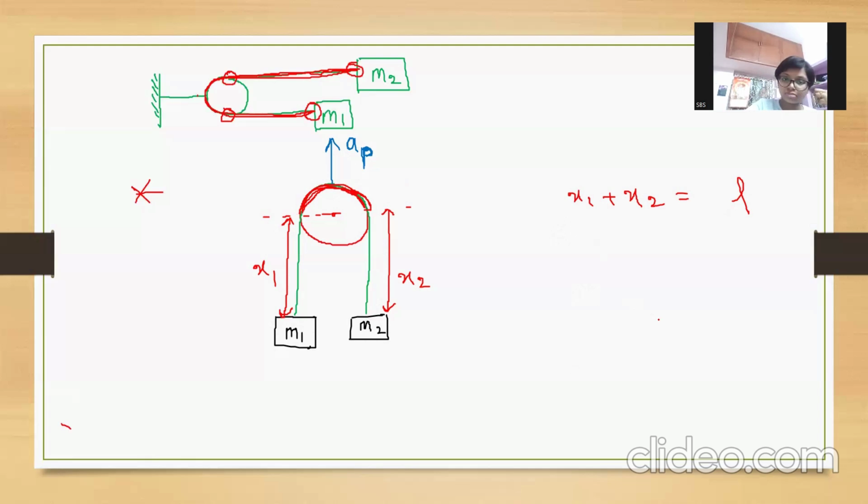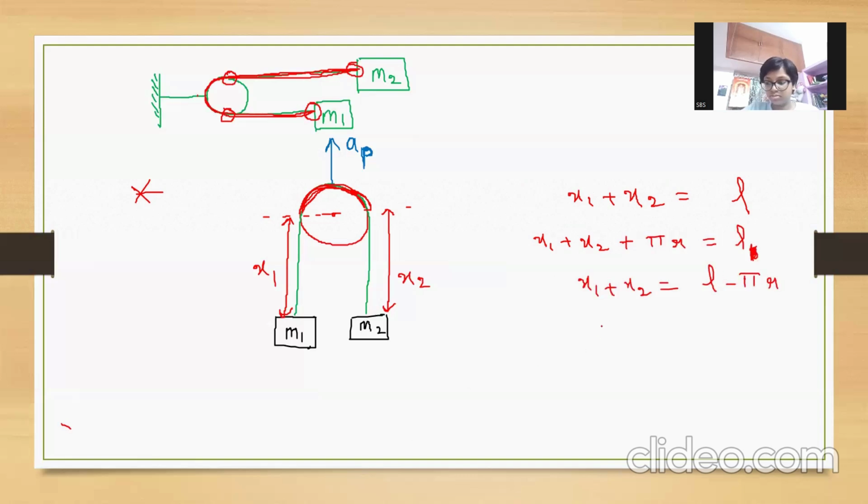If you are saying x1 plus x2 plus that top pi r is equal to L1, you can say that also. L, no worry, it will be cancelled out.